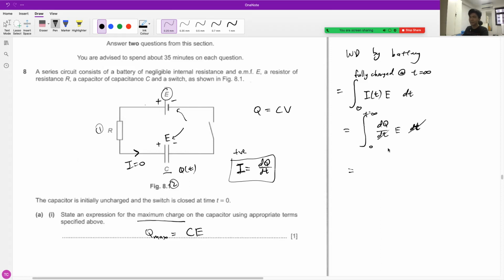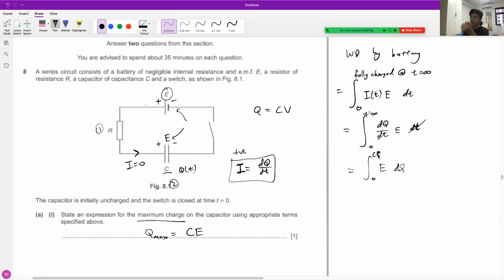Strictly speaking, mathematically, we're doing a change of variables. So this becomes E dq. When we do a change of variables, we need to change the limits of integration as well. At time t equals 0, there's 0 charge on the capacitor, and at time t equals infinity, it's fully charged, so there's CE charge on the capacitor.